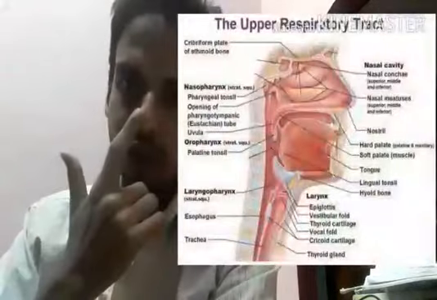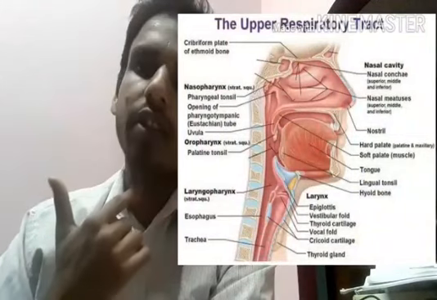Several organs are associated to form the respiratory tract, starting from our nose, then the windpipe, then the bronchus, then the lungs, and then the alveoli.